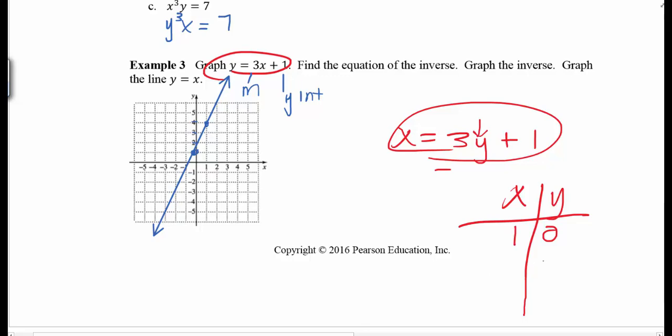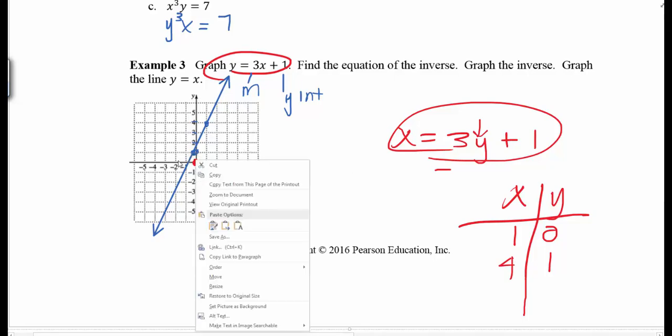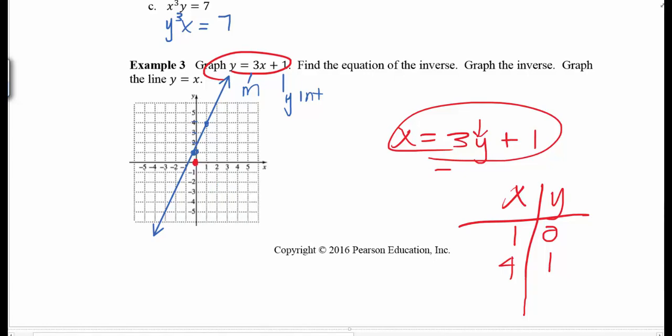And then let's say that we make y 1. If I plug 1 in for y, I get 3 times 1, which is 3, and 3 plus 1 is 4. So x would equal 4. And now I can plot these 2 points, 1, 0 and 4, 1.